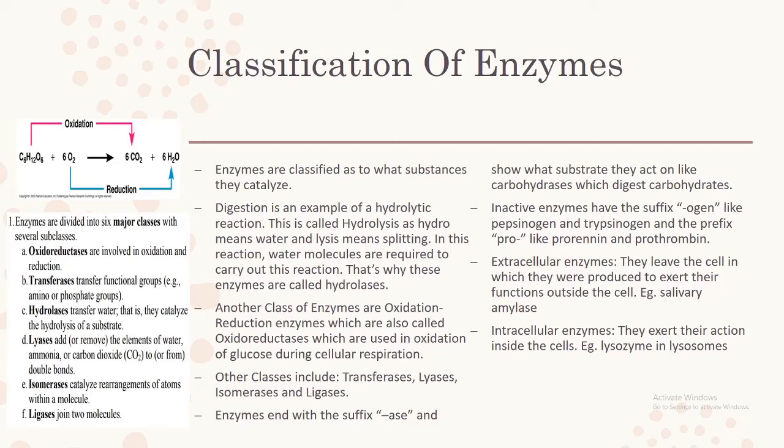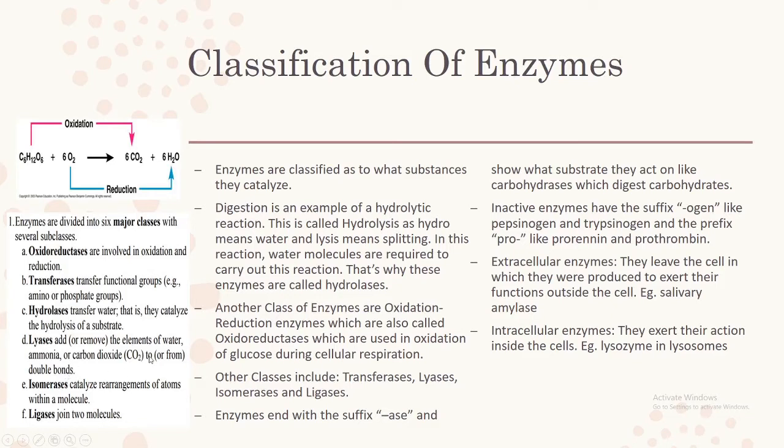For example, an amino group needs to be swapped with another group. So the first one I would name A and the second one I would name B. It would be switched. For this, the enzymes transferases are used. Hydrolases transfer water, that is, they catalyze the hydrolysis of a substrate. Substrate is the substance an enzyme acts on.